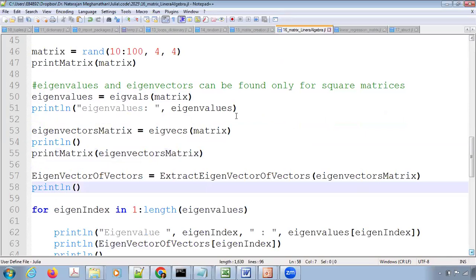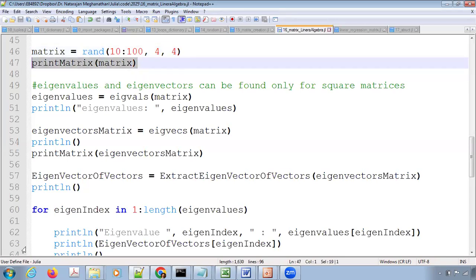So I'm creating now what's called a square matrix. In a square matrix, the number of rows will be equal to the number of columns. And this is how you could do that. And again, a square matrix of random integers ranging from 10 to 100. So first you specify the range and then the dimensions, number of rows and columns. And then I can call the print matrix function and print the matrix.